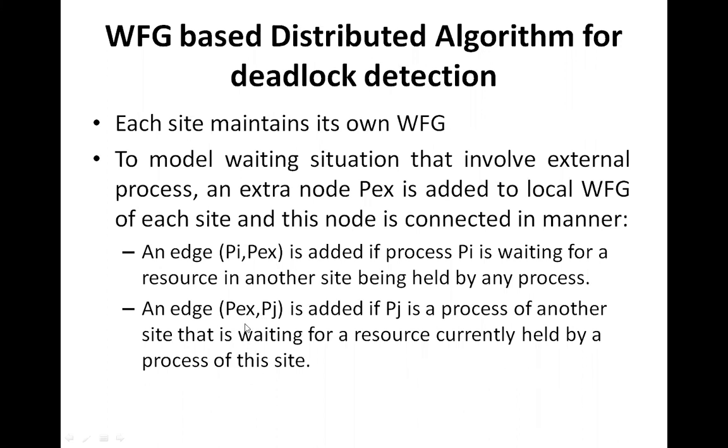Meaning thereby, the PEX to Pj edge will be added if and only if Pj, which belongs to another site, is waiting for a resource currently held by this site. So in these two ways, we include the new node, that is the PEX node.